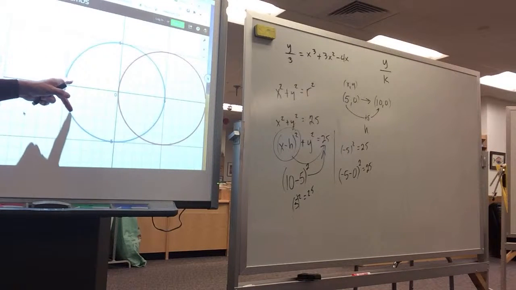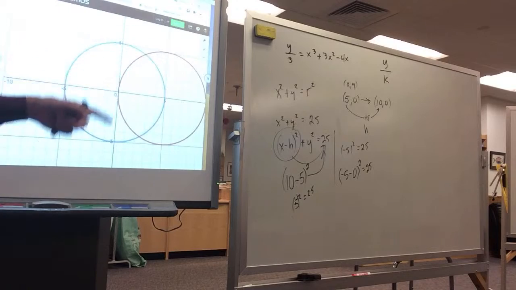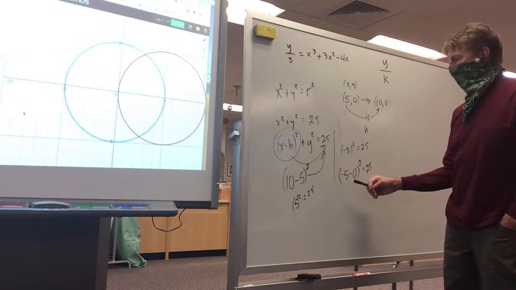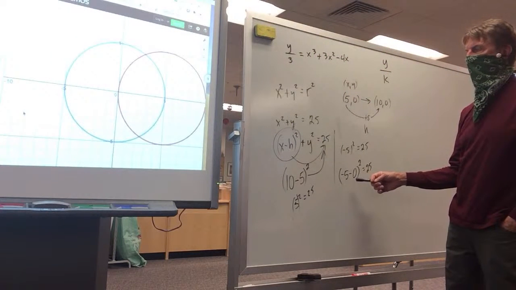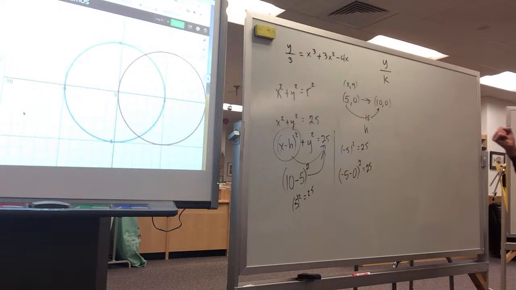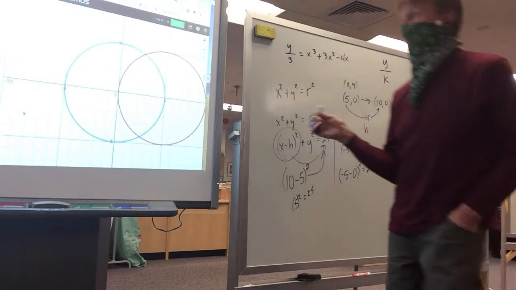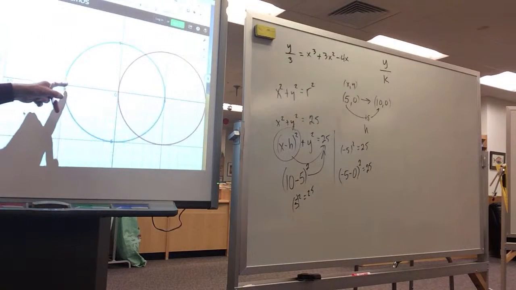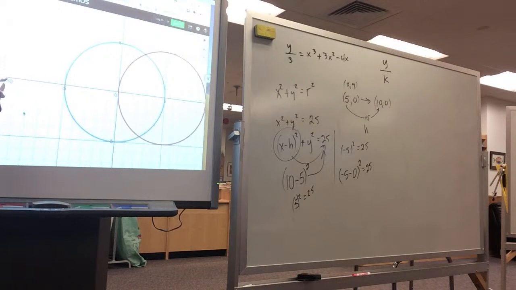So that, a negative 10 would be a shift to the right 10 units. What? Oh, you're right, excuse me, it'd be a shift to the left 10 units, so this point would move to here. The negative 5 would move to negative 15.